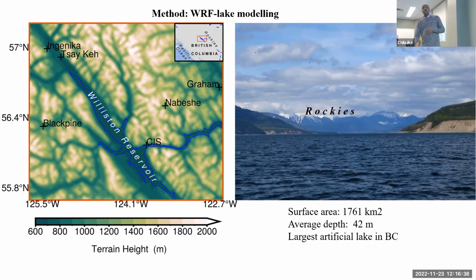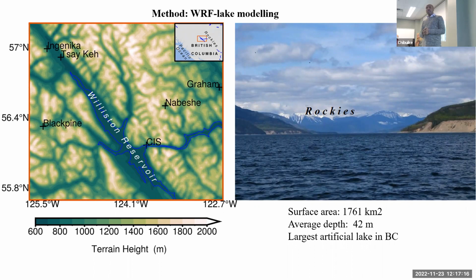Now, the area doesn't have much observational data. In order to tease out what impact this reservoir might have on the area, we are supposed to use past observational data from before the creation of the lake, and then after the creation of the lake, compare both sets of data and find what impact the reservoir might have on the area.